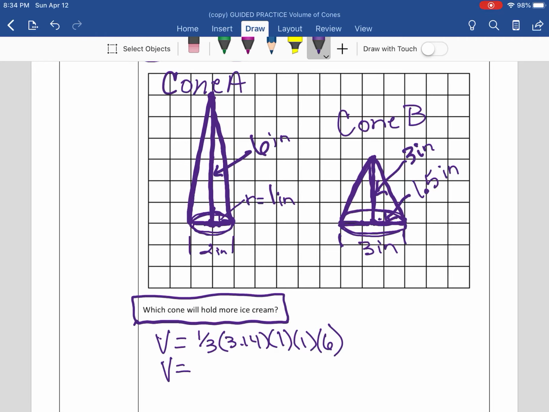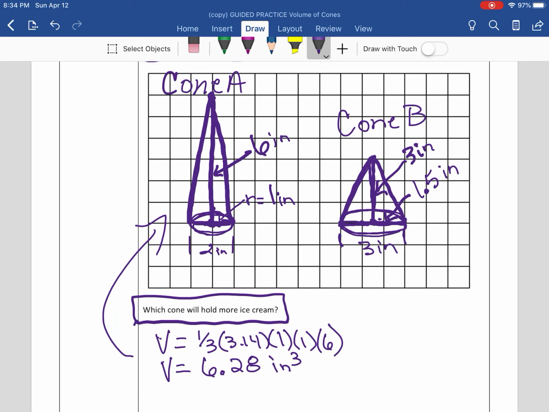So what do we get? Volume equals, if you multiply this out, 18.84 divided by 3. You would end up with 6.28. And it is inches cubed. So that's for cone A.